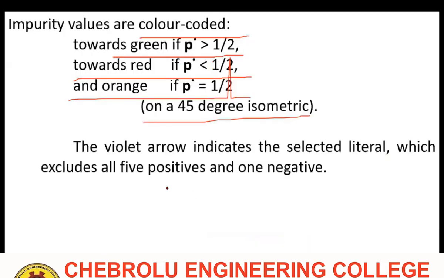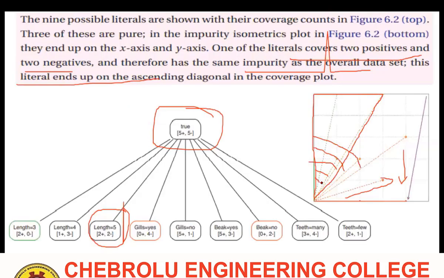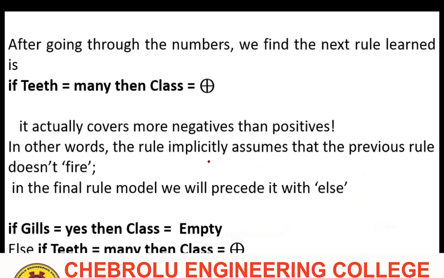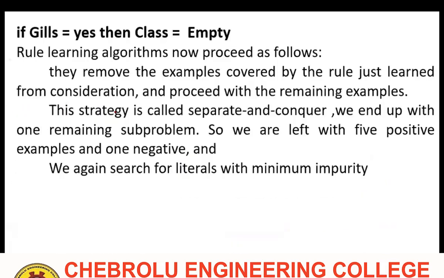Now the violet arrow indicates the selected literal, which excludes all 5 positives and 1 negative. If we take this into consideration, if gills is equal to yes, then class is equal to empty.